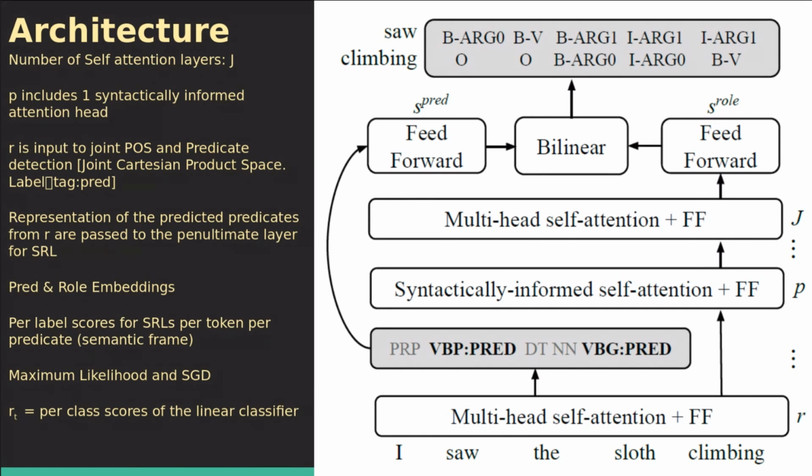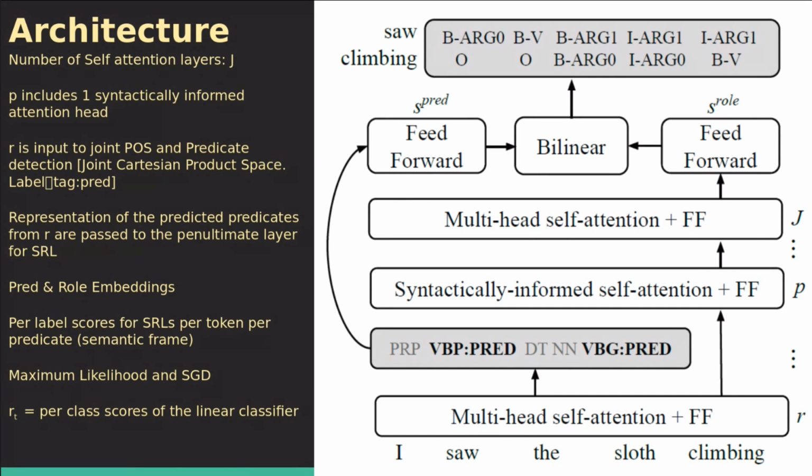Doesn't matter. But for the verb, we know that I, for example, as a subject is governed by saw. So if you look at any of those, it should have saw, which is here, second position, as the predicate, right? Saw as predicate. For saw and climbing, though, we apply the self group.